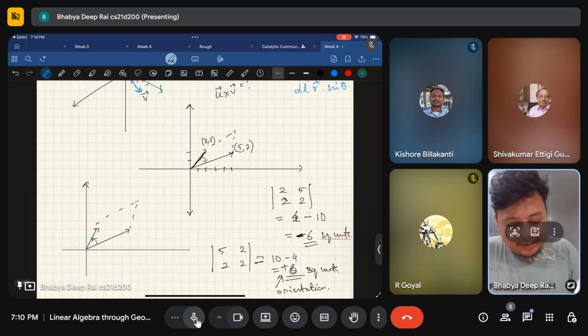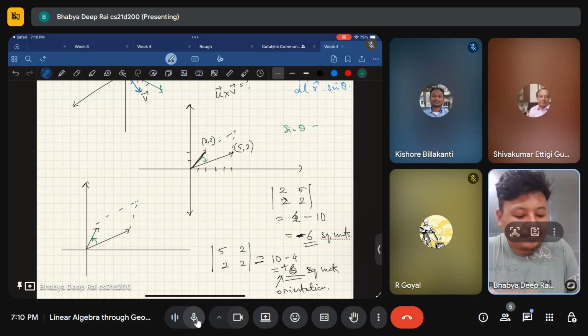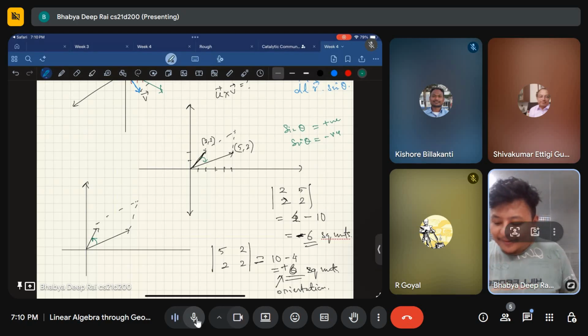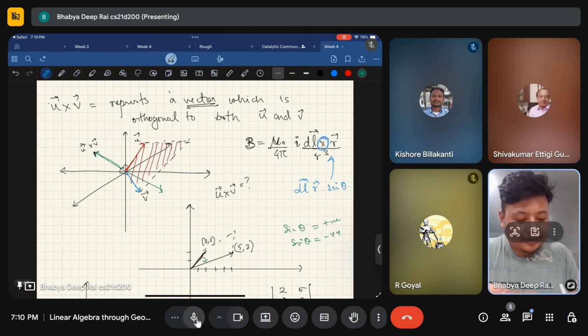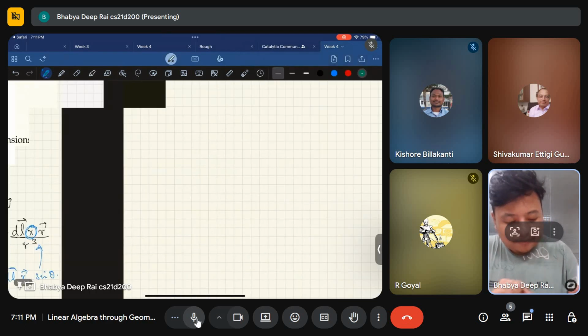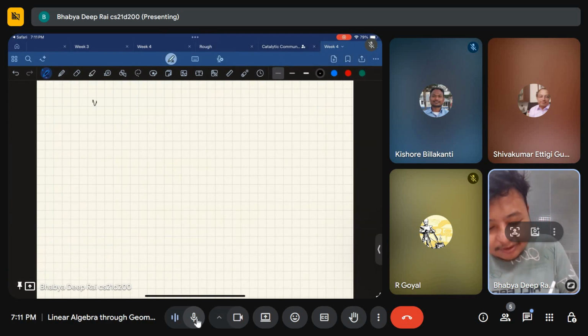For one of them sine theta will be positive, and for the other sine theta will be negative. The fact that you have a sign in the formula will dictate that. So when you do the cross product of U cross V, everything remains the same. The magnitude is the same.